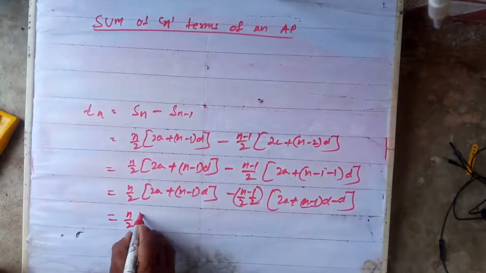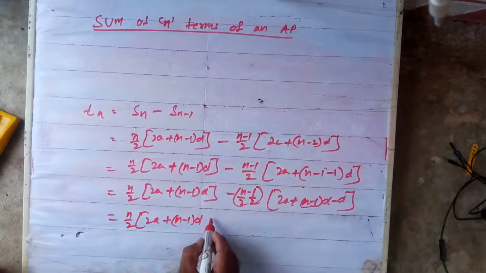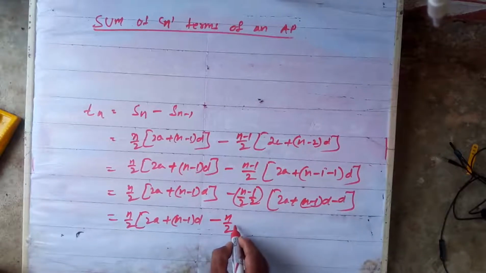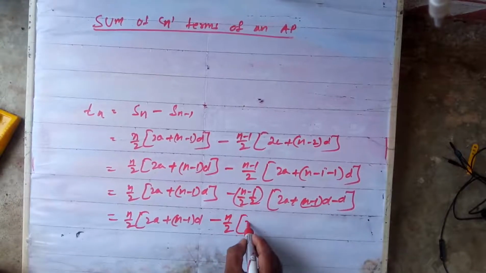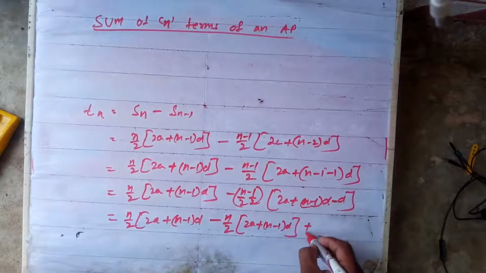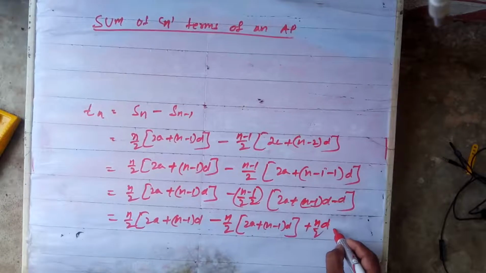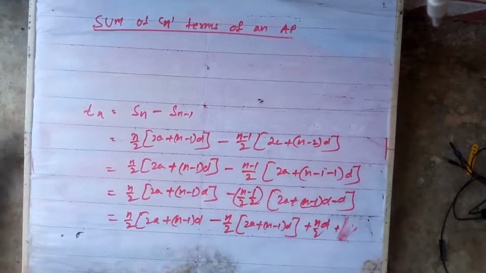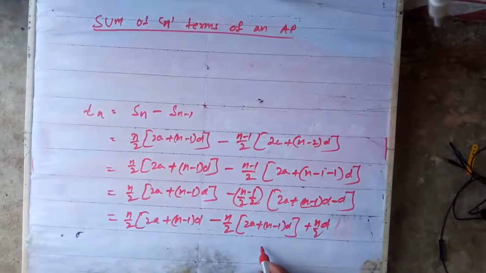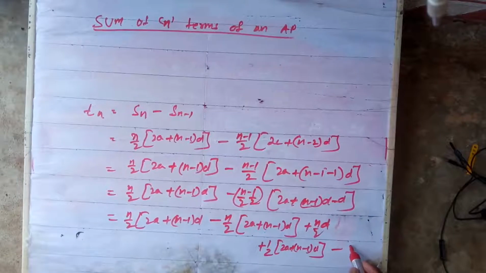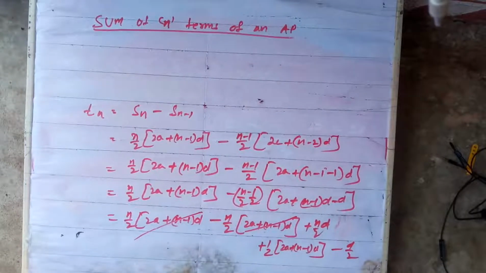Multiplying out, n by 2 times 2a plus n minus 1 into d, minus n by 2 times 2a minus n by 2 times n minus 2 into d, and then multiplying the minus half, this term cancelled. I am doing it now.